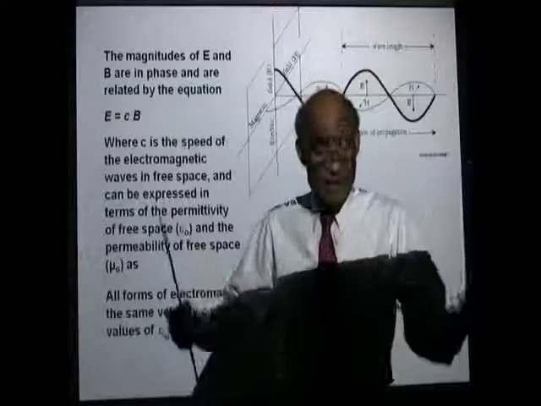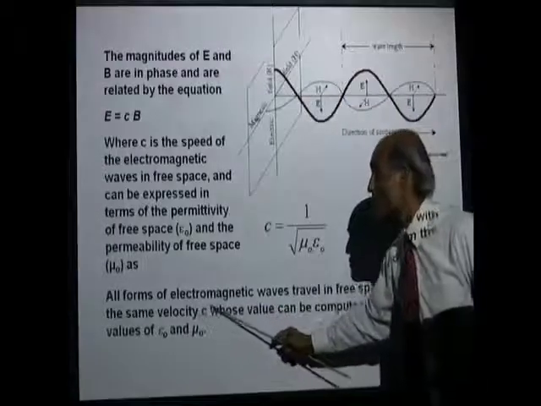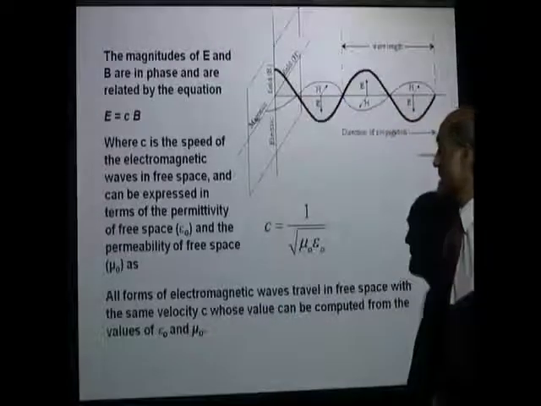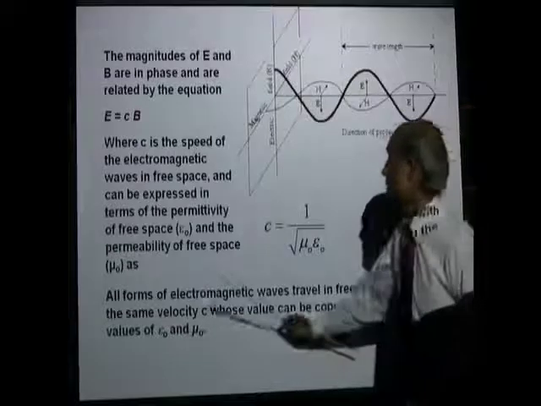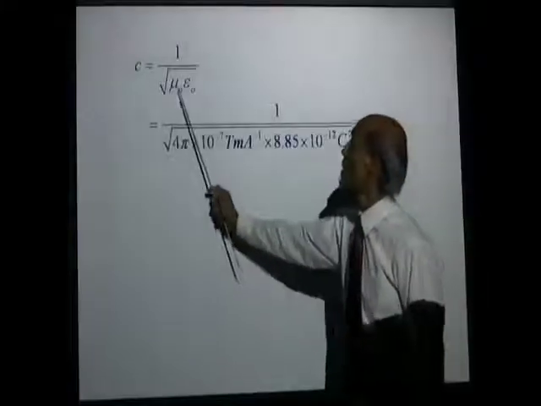They are all electromagnetic waves, and they all travel in space with the same speed c, and the value of c can be computed from the values of mu zero and epsilon naught.